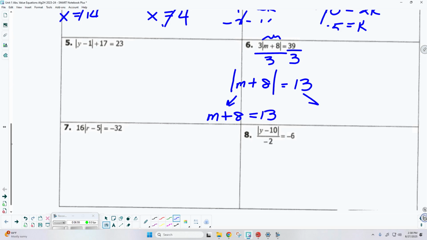Now, it's been a while, but can anybody remind me what happens when I write my second equation? One thing changes. What you got, sir? What's that? Okay. So tell me what equation I should have. M minus 8 equals 13. We're very close.